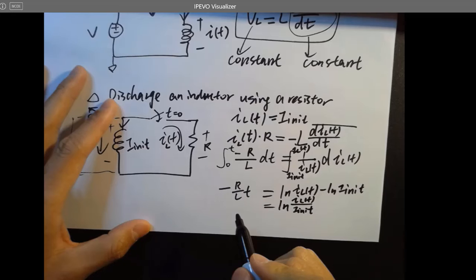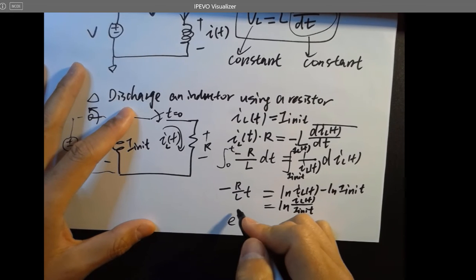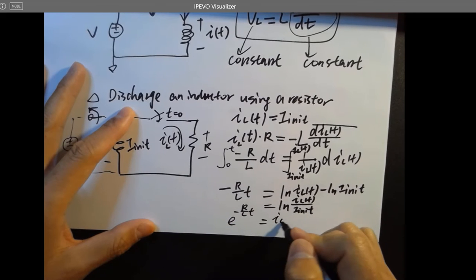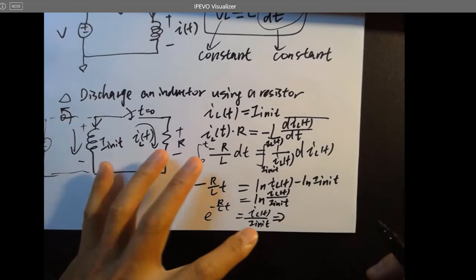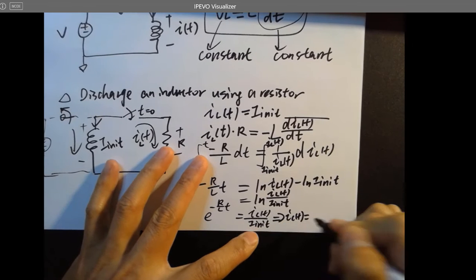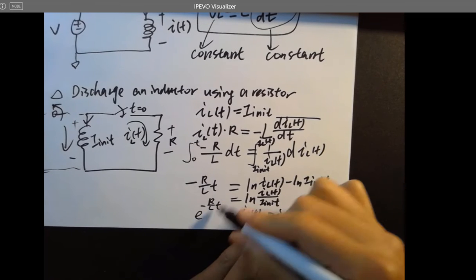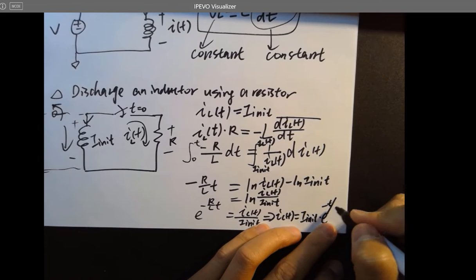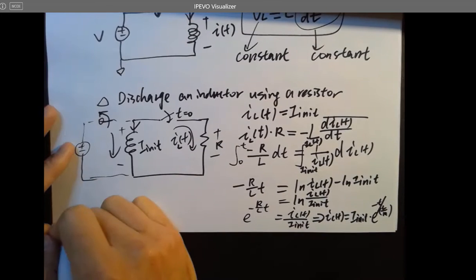All right, and then do an exponential conversion on the two sides. So you get e to the power of negative R over L times t equals I_L(t) over I_init, which is also I_L(t) equals I_init times e to the minus t over L over R. I just want to keep it in the same format as the capacitor equation we got in the previous lecture.